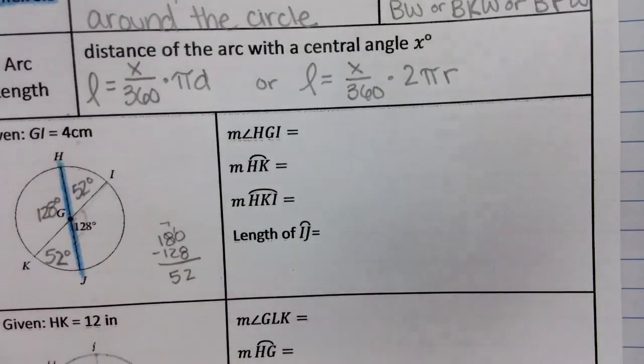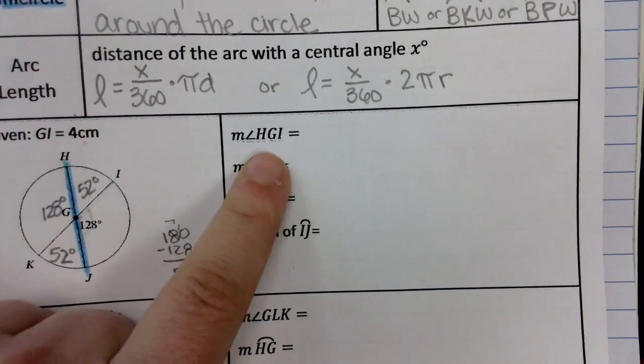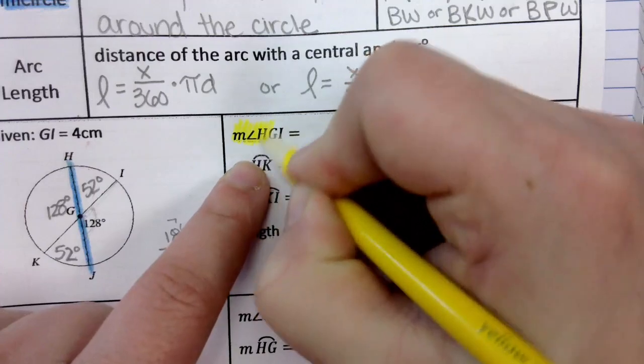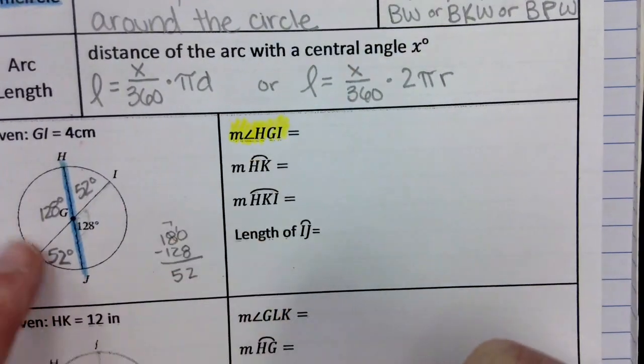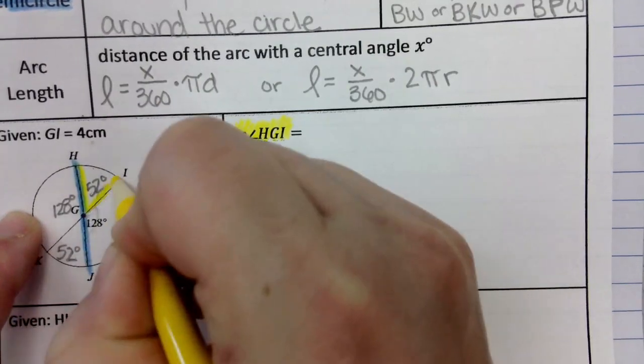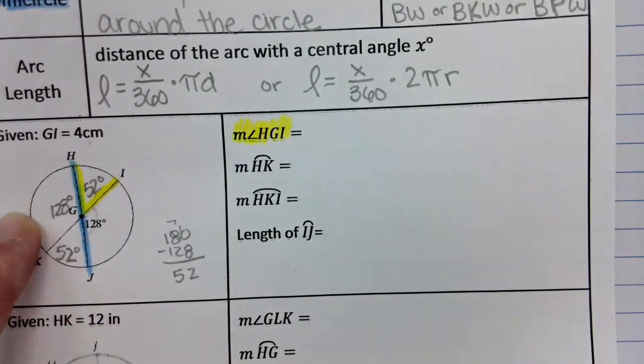52. Now, another way we can measure central angles, or to label them, is instead of including that G, because every time we do the center, what's always in the center of our circle in this one? G. So to make it easier for ourselves, another way we can say that is the measure of the angle created by the arc.